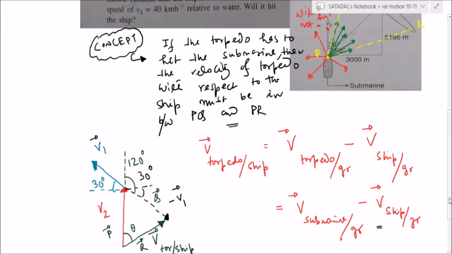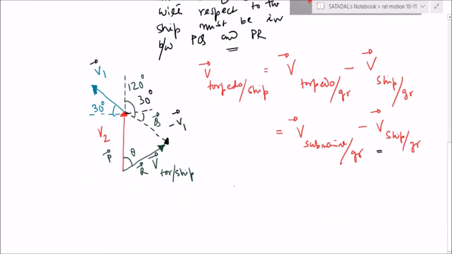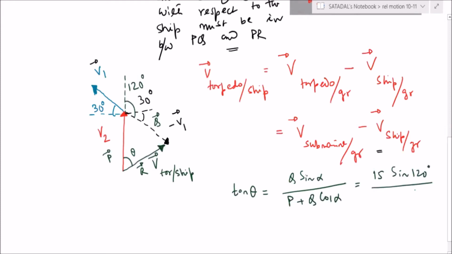So now you see, I can write tan theta is equal to, remember the formula, Q sin alpha by P plus Q cos alpha. Alpha here is 120 degrees. Q is 15, so 15 sin 120 degrees divided by 40 plus 15 cos 120 degrees.